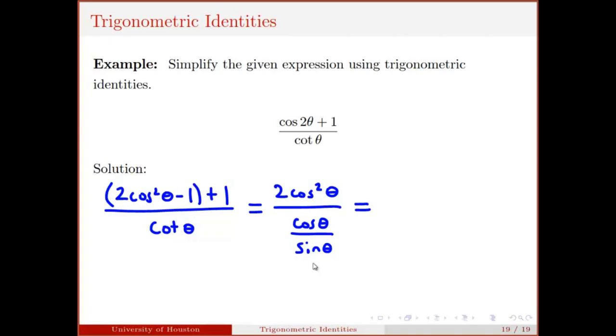Simplifying this compound fraction, we obtain 2 sine theta cosine theta, which is equal to sine 2 theta. This concludes our review of trigonometric identities.